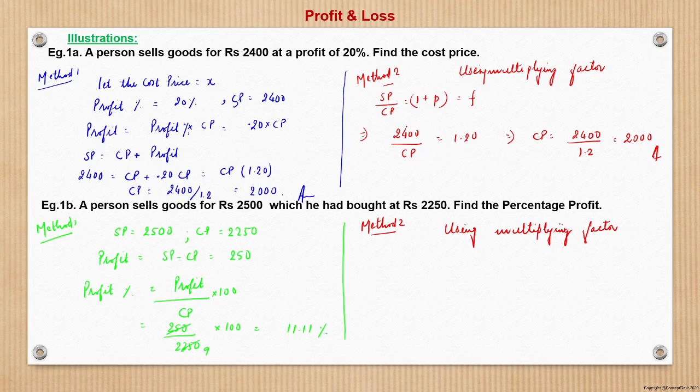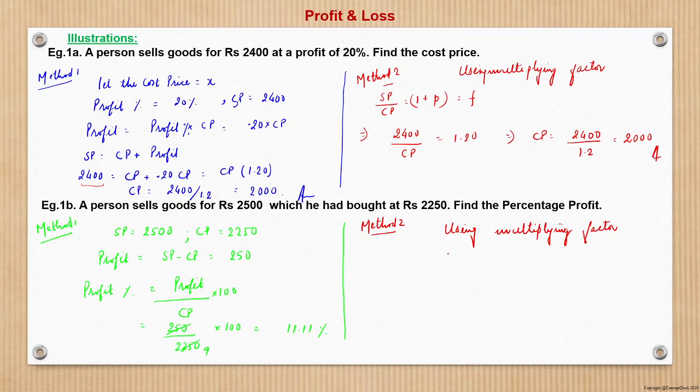We are obtaining the same relationship: SP upon CP is equal to 1 plus P. Here also we did the same thing. This is SP, this is CP into this multiplying factor. So SP by CP is equal to that multiplying factor. Same thing we are doing, only the representation is a bit simpler in this method too.